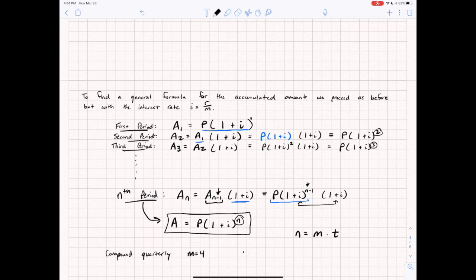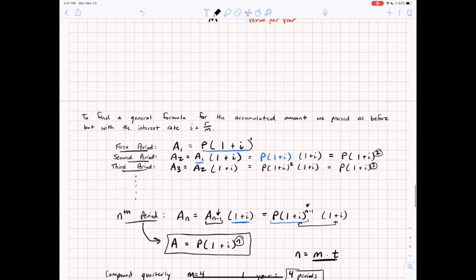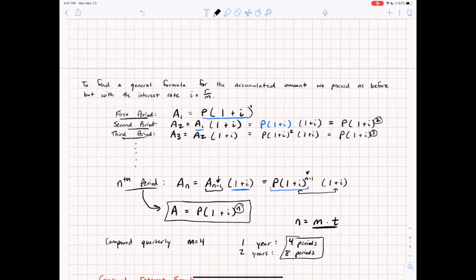So if I was to go 1 year, this would mean 4 periods. If I was to go 2 years, this would be 8 periods, etc. So that n, being the number of periods, is my conversion period times however long we're doing this for.